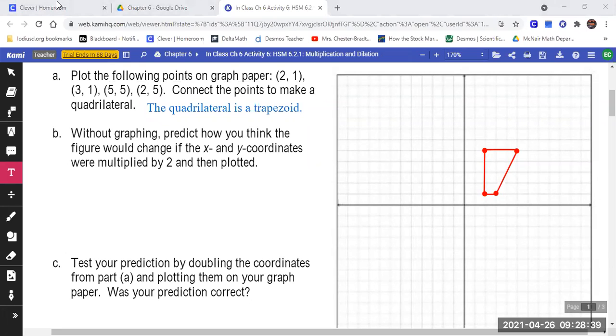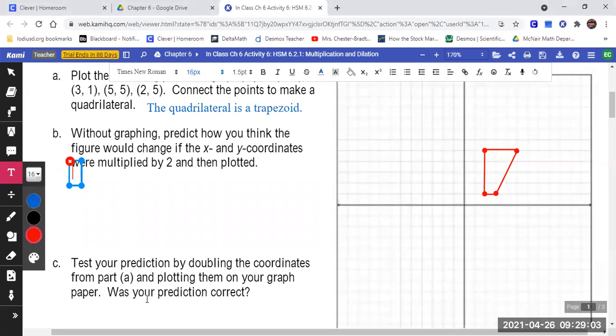B says, without graphing, predict how the figure would change if the x coordinates and the y coordinates were multiplied by 2. So we're going to do it without graphing. They said without graphing. So what do we think is going to happen if our x number and our y number for each of those 4 spots is multiplied by 2?